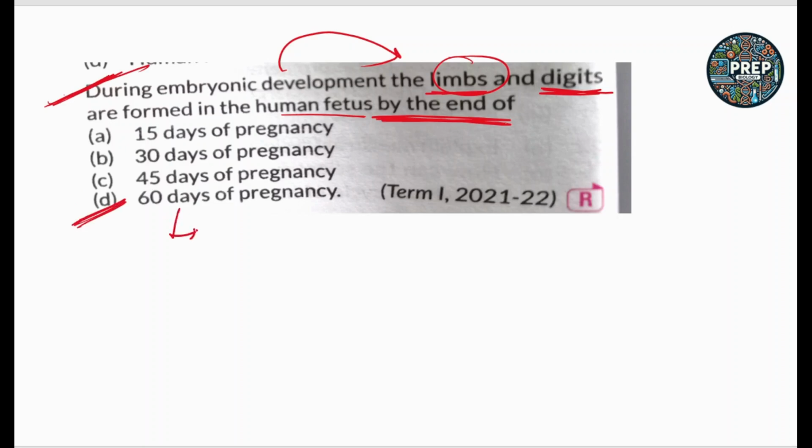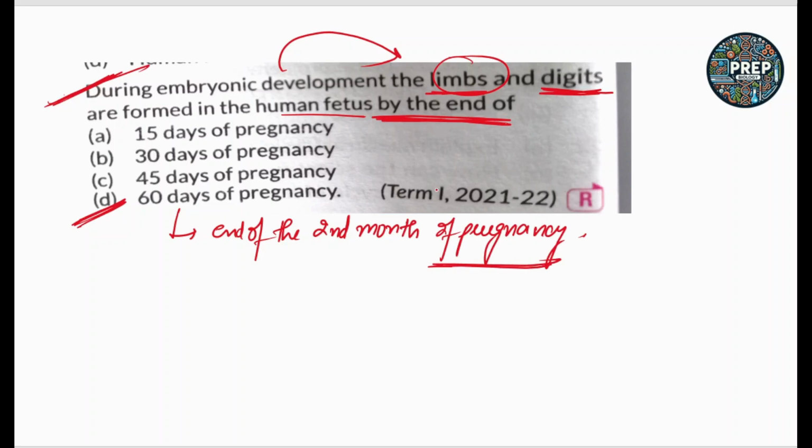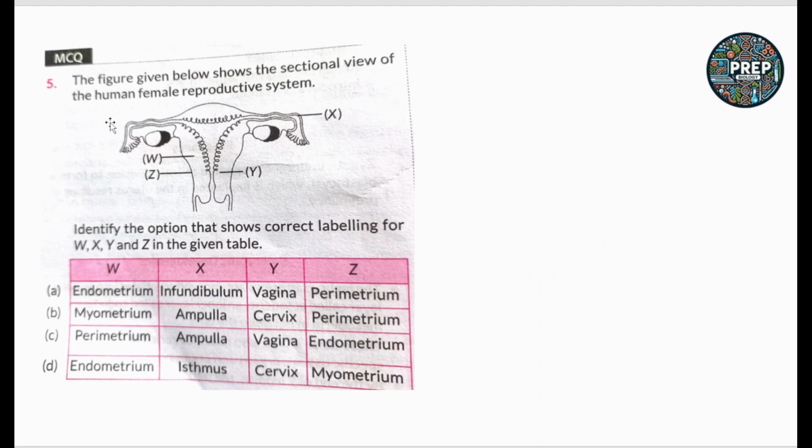Why? Because at the end of the second month of pregnancy, the limbs and digits are formed. Okay, so this concept is also asked in your previous board exams.